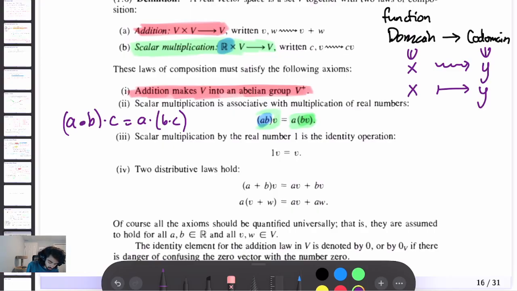Both of those dots were the same. But in this vector space context, this first dot here is a different operation than the other three dots: the difference between multiplying real numbers compared to scaling vectors.